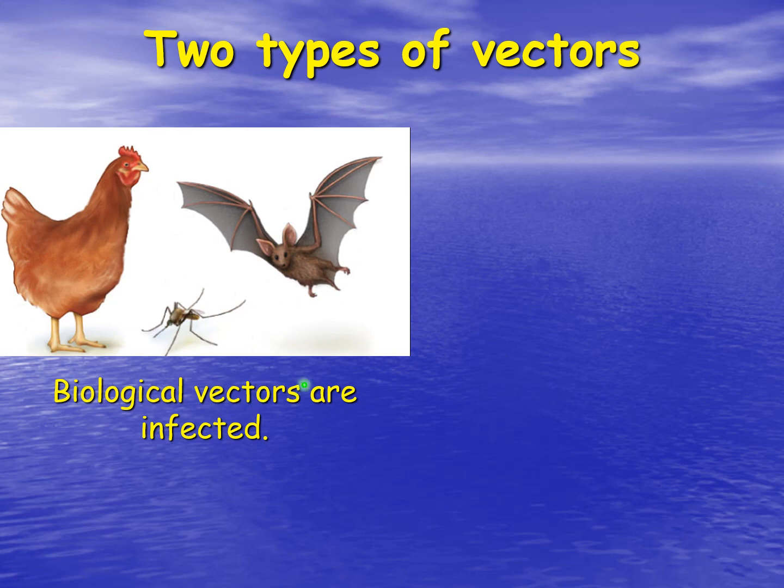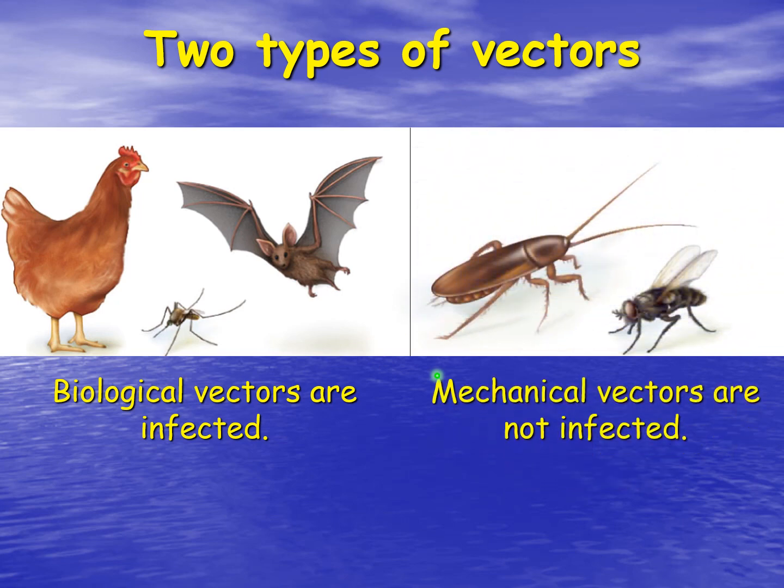In the case of rabies, any warm-blooded mammal can be a biological vector of rabies. But oftentimes, flies that are not the blood-sucking biting flies, roaches, lice, all of these are mechanical vectors because they are actually not infected. They simply carry the organism on a body part and then touch you with that body part.